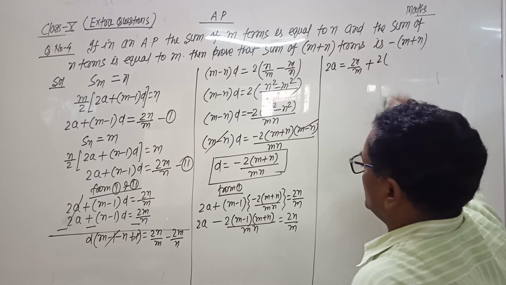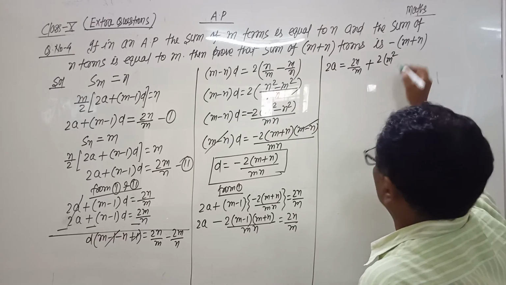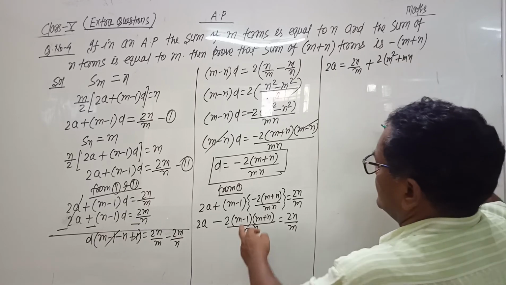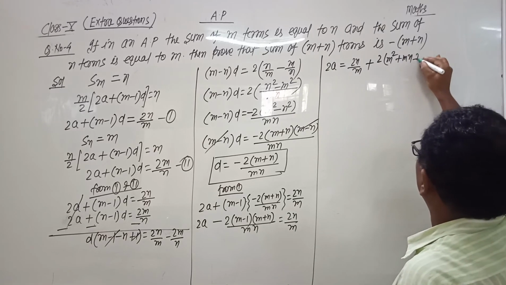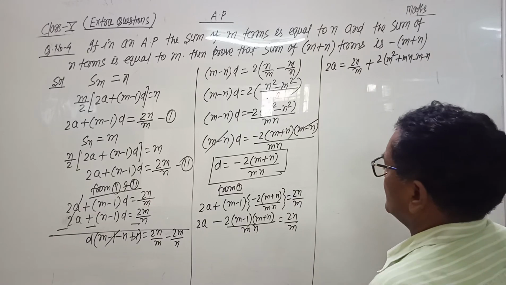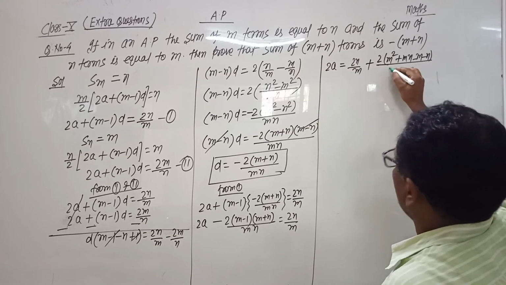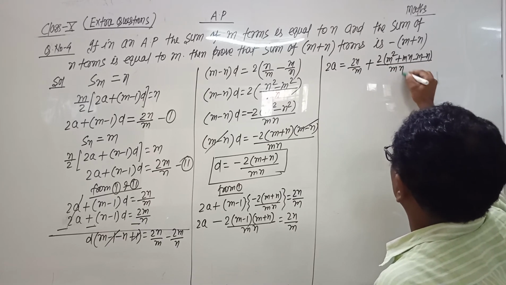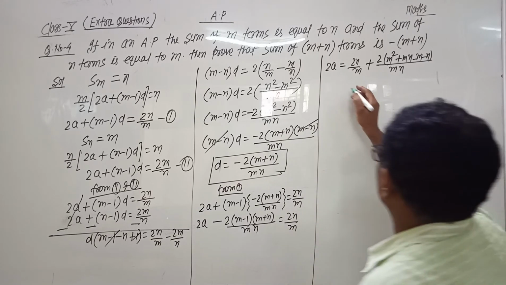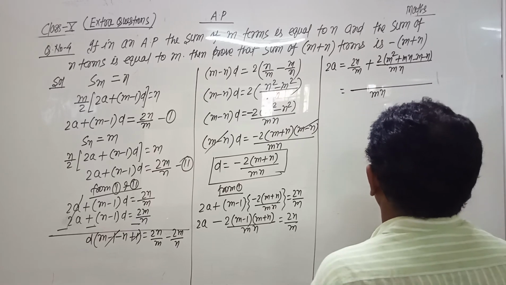2 into, remove the bracket, so m square plus mn, then minus m and minus n, upon m into n. So we take LCM, and the LCM is m into n.